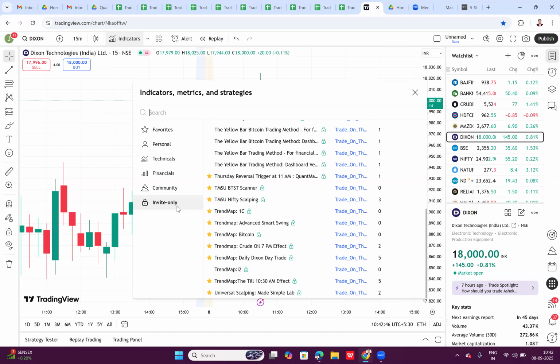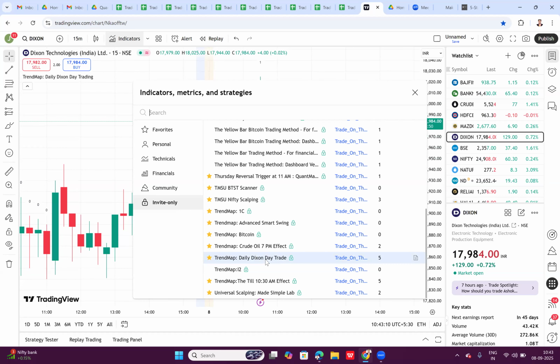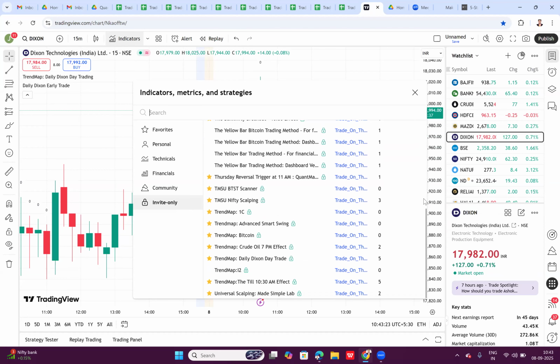The name of the Dixon daily trade indicator for future and option is trend map daily Dixon day trade, so first we apply this. And if anyone wants to start trading in cash also, then you have to apply the early trade indicator also. These two indicators are for Dixon; all other indicators are for all segments.